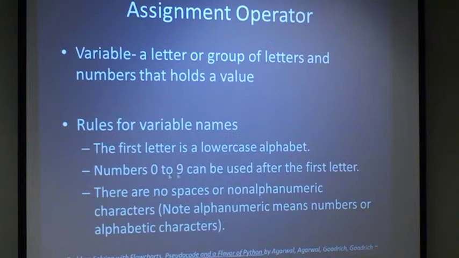But you can use numbers also, 0 through 9. Cannot use spaces because that causes confusion. Or any other non-alphanumeric characters. Non-alphanumeric means not an alphabet letter, not a number. But we allow underscore. It doesn't say anywhere here or perhaps in the book, but underscore is allowed.